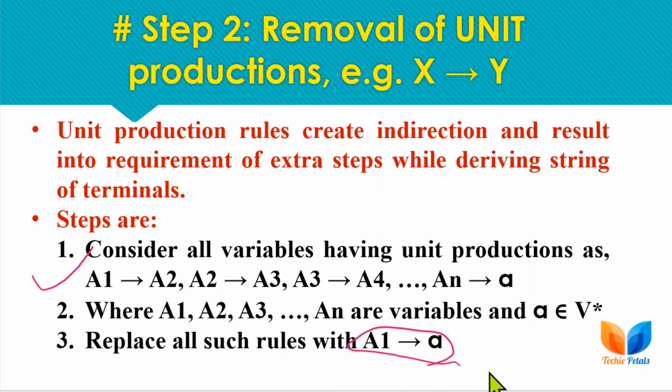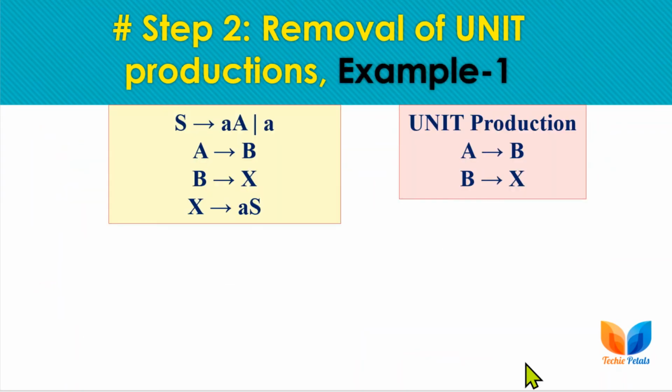So let's practice the removal process of unit production with some examples. Here we have this grammar where we have S deriving AA and single A, and two unit productions with A derives B and B derives X. Ultimately we are rewriting A with this alpha, or this string of terminals and non-terminals.